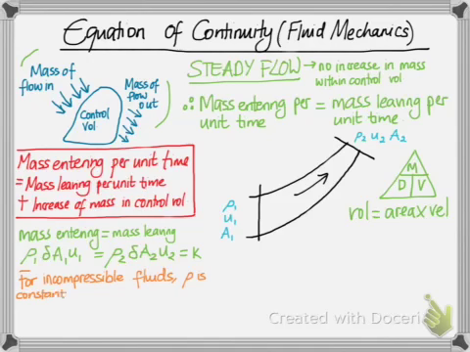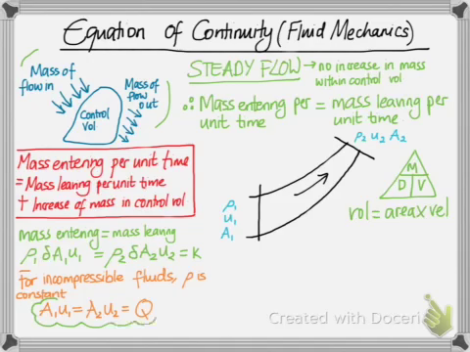Therefore we would have A1 U1 equal to A2 U2, and that will be equal to a constant which we call Q. Now this is the main formula that you need to remember for continuity.